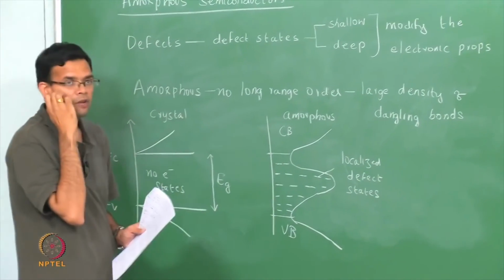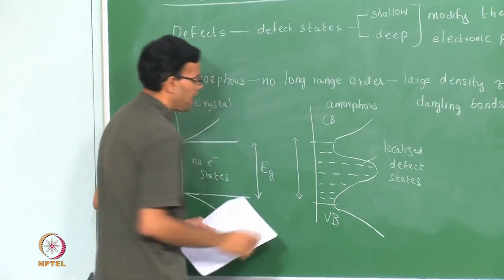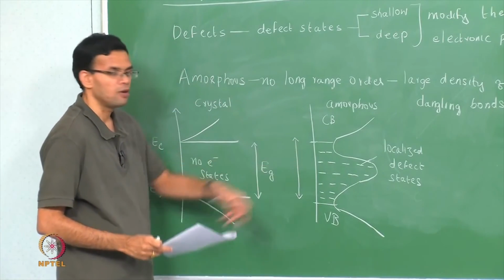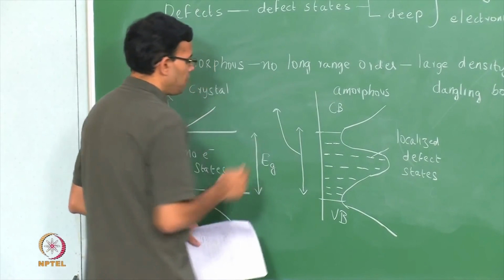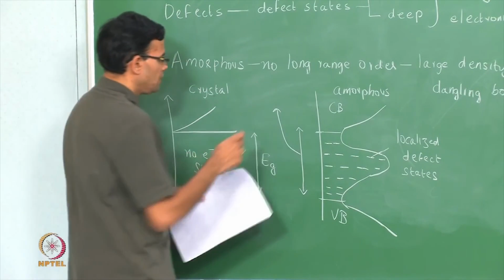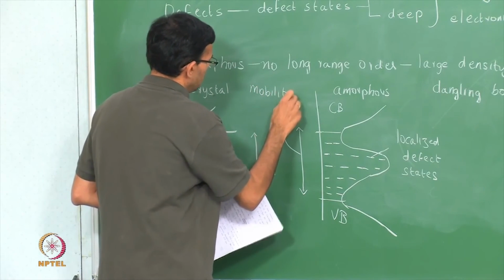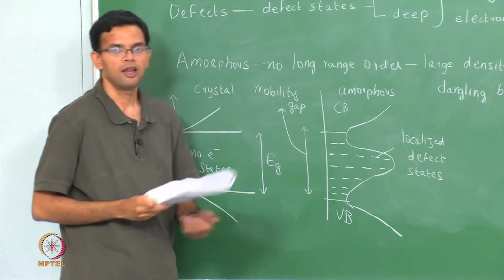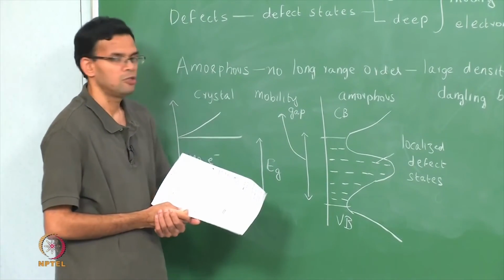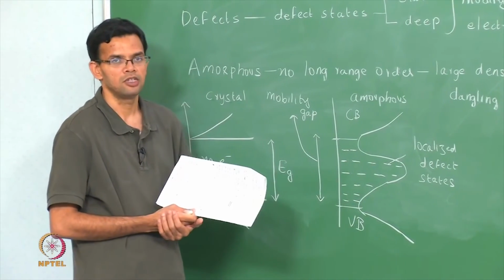In the case of an amorphous semiconductor, we no longer talk about a band gap because we have all of these localized states. So, we call the distance between the conduction band and the valence band a mobility gap. Now, all these localized defect states can also take part in conduction. They can essentially trap the electrons and holes.